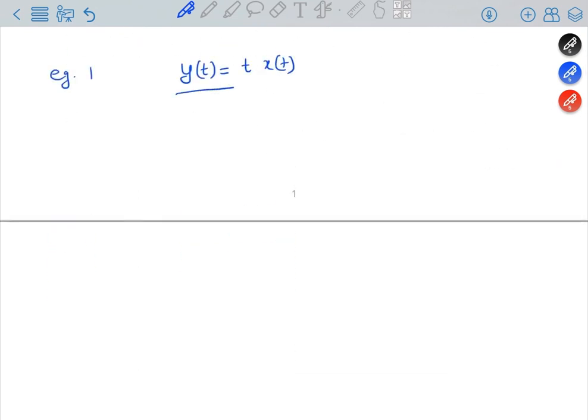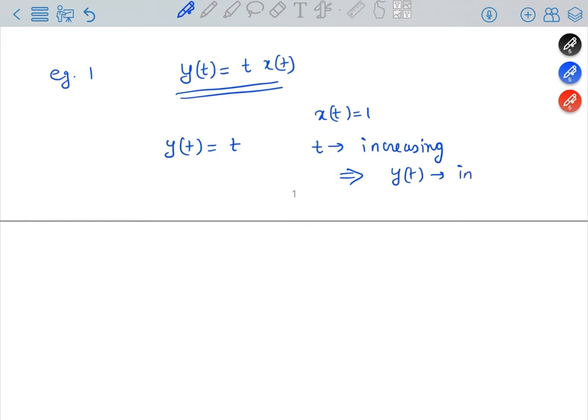Here you can see that if we put an input x(t) = 1, then our output will be y(t) = t, and the output y(t) will increase as t increases. So if t is increasing, y(t) will also increase. So this system is unstable.